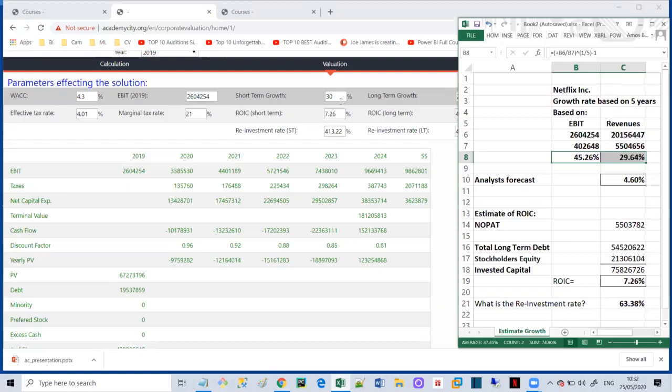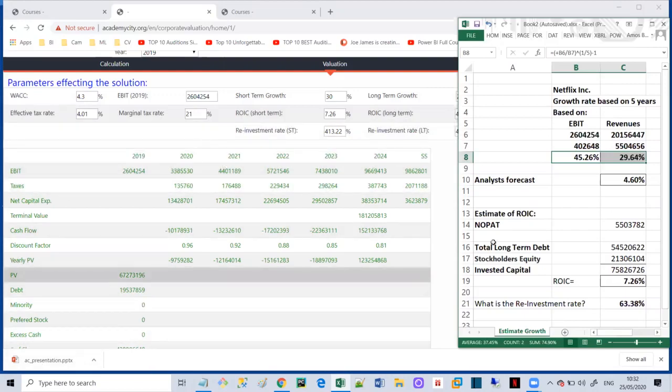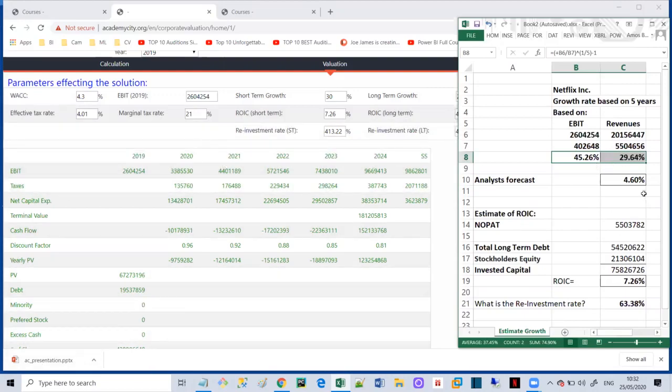But at least I have those two numbers to look at. So I definitely will not go below 4.6, but I definitely will not go above 45. So at least those two we can agree on. Any number in between will be questionable.